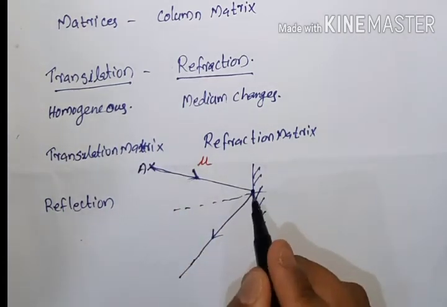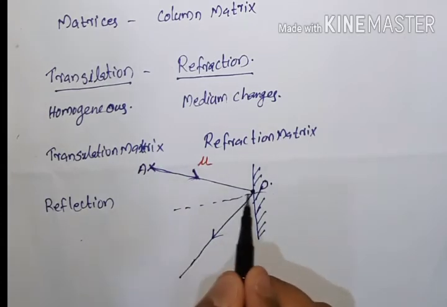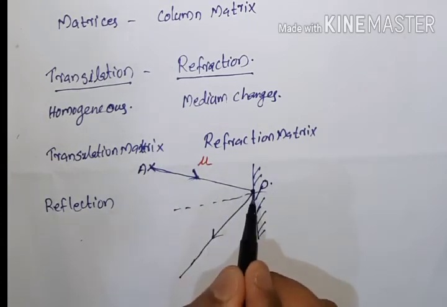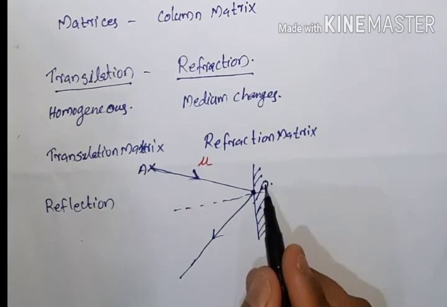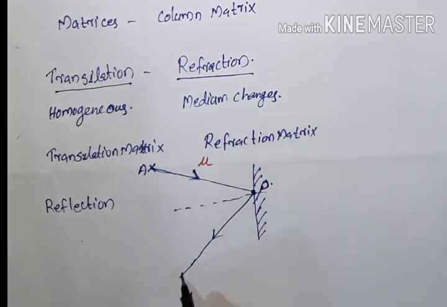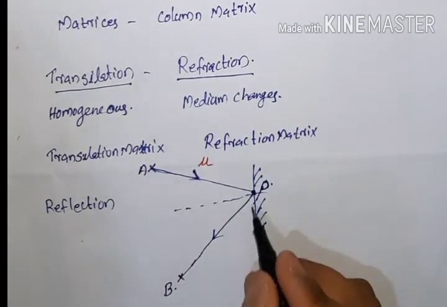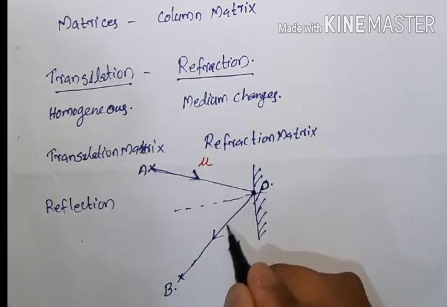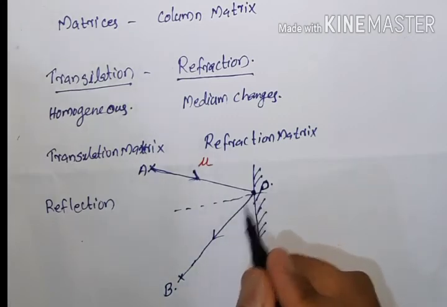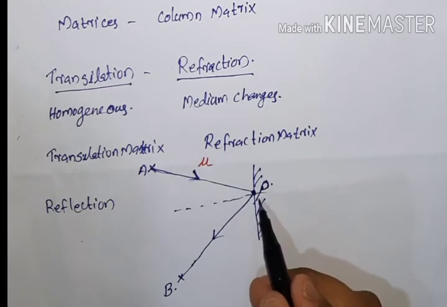From the initial position A to the reflecting point O, the light ray undergoes a translation process. Similarly, from the point of reflection to the final position B, the light ray continues in translation. There is no refraction taking place.